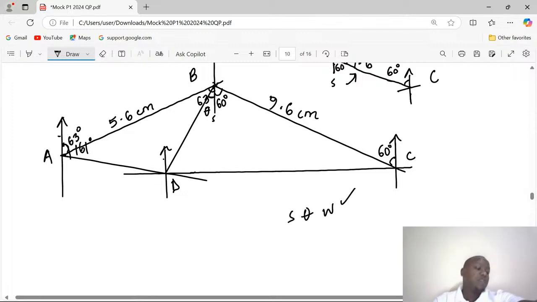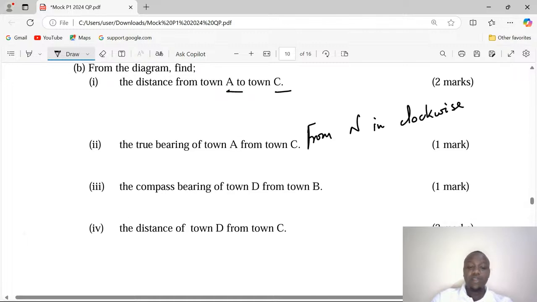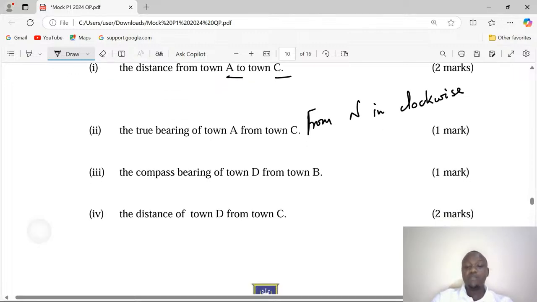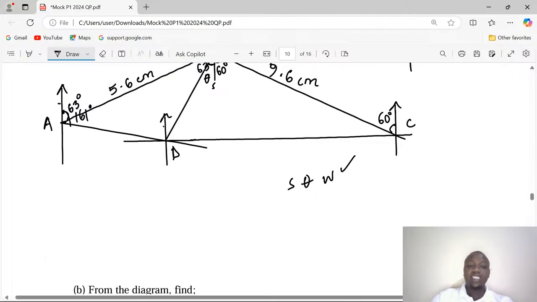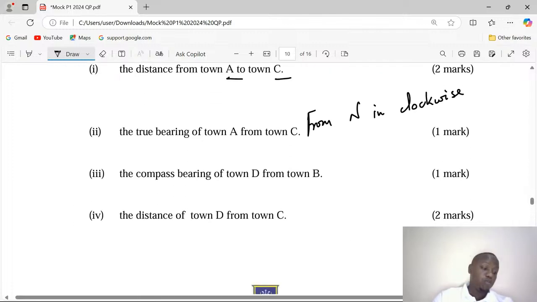That's how you give the compass bearing, from south towards the west, a certain acute angle there. That is the position of D from B. Then the distance of D from C. You just connect D and C and measure that distance. Remember also to multiply it by 15 after you've measured it in centimeters so that you may get the actual distance on the ground.